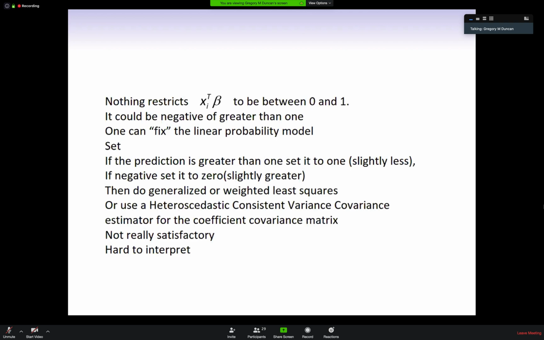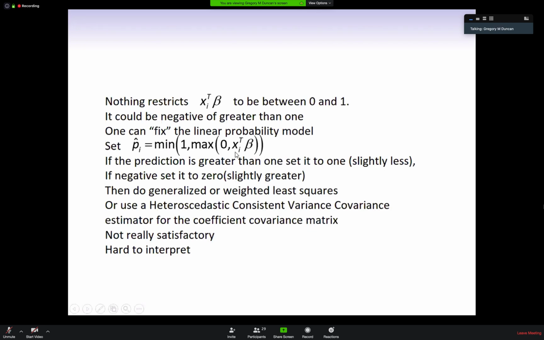It turns out you can fix that in the linear probability model. You set pi equal to the minimum of 1 and the maximum of 0 and the probability. So the maximum of 0 and x beta is going to be x beta, or it's going to be 0. If it's 0, then the minimum of 1 and 0 is 0, and p is equal to 0.